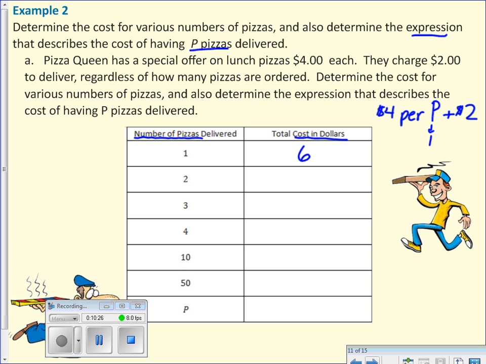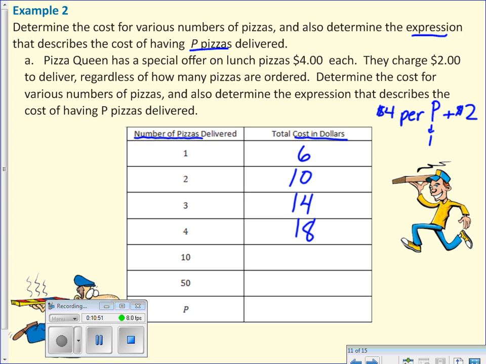$4 per pizza plus $2 delivery. 10. 3 pizzas is how much? You should be filling this in the table on your notes. 14. 4 pizzas. 4 times 4 is 16, plus the $2 fee is 18. 10 pizzas. $4 per pizza.